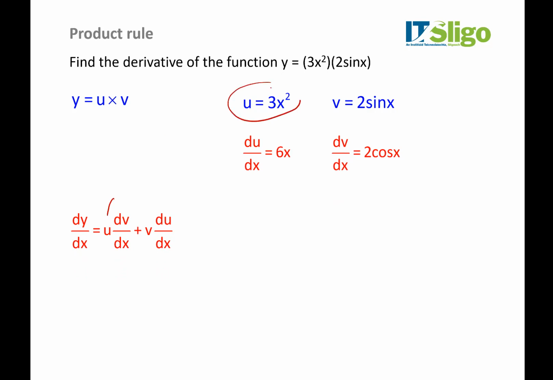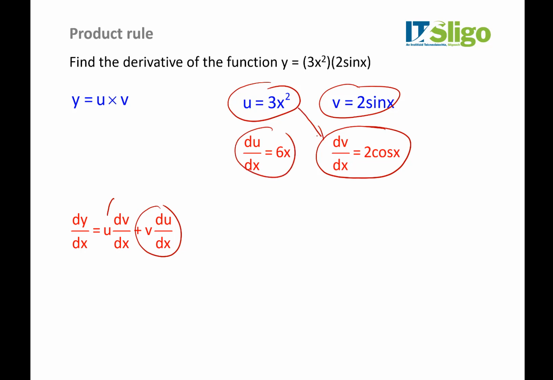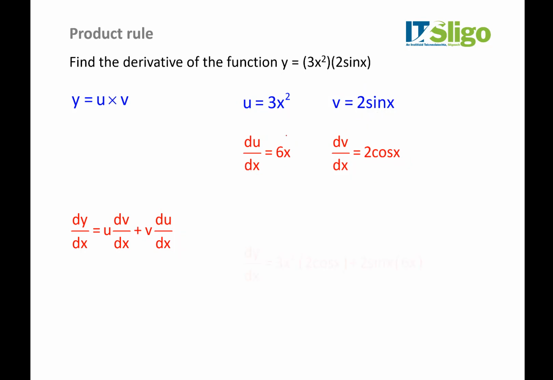So it's u dv/dx plus v du/dx. So it's this one by this one plus this one by this one. So when we write it out, there is u dv/dx plus v du/dx.